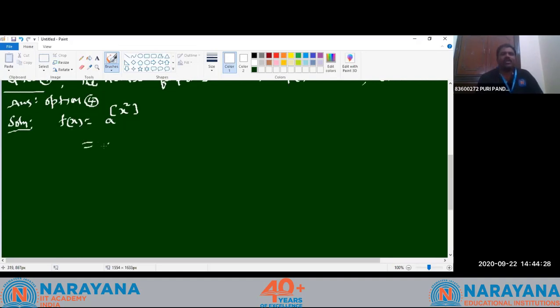This is equal to a power 1, a power 2, a power 3, a power 4, a power 5, and then a power 6, like that it is coming. How? See once. When 1 less than or equal to x less than root 2, next root 2 less than or equal to x less than root 3.